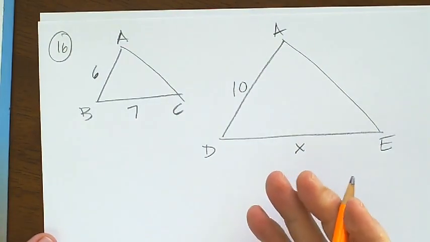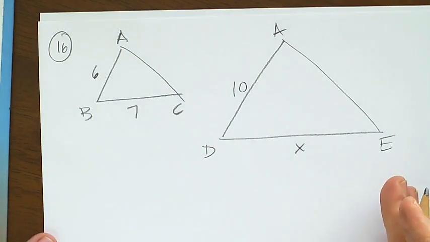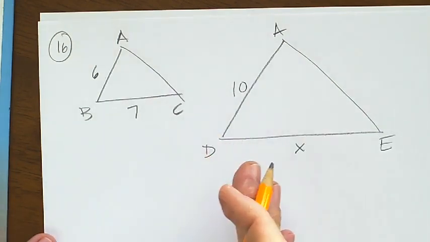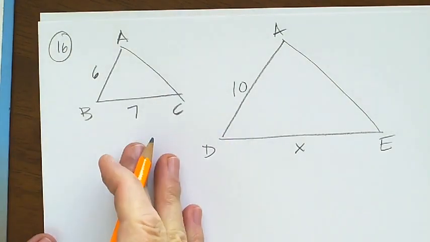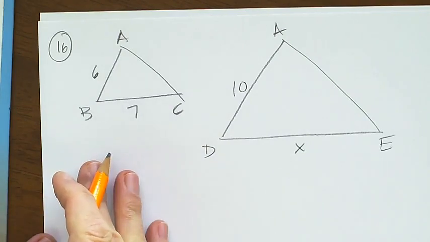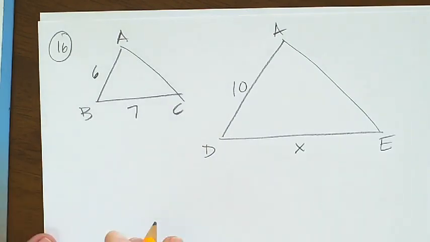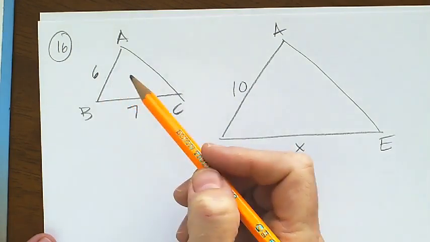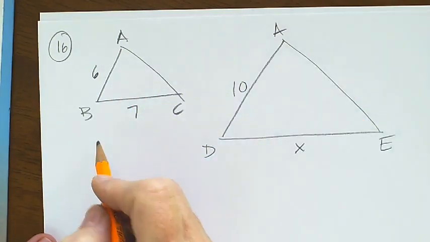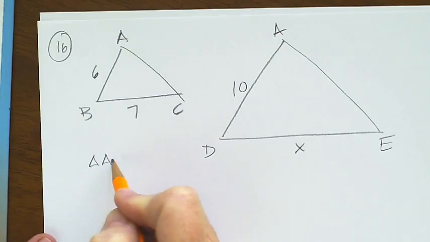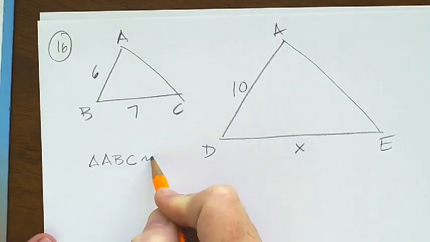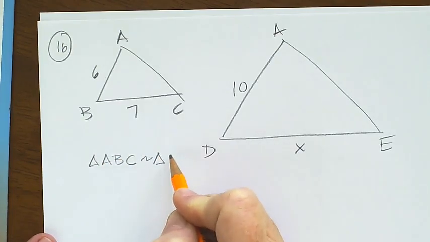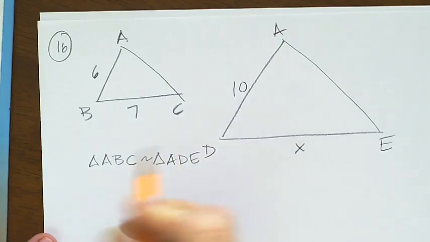Now, you can probably do this without writing out the whole similarity statement and the ratios, because these are oriented the same way. I'm going to skip that here because the ones on the test are pretty easy to set up. I'll do it for the study guide video, but for now, I know that it told me the statement, and let's just make sure we have the right sides going together. Even though you can kind of see it, it doesn't hurt to check.